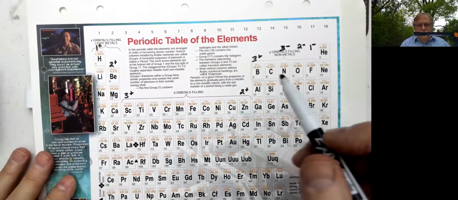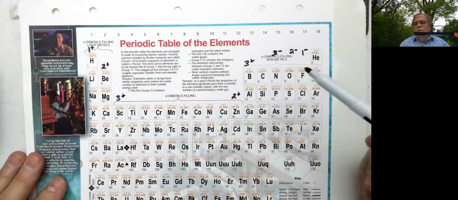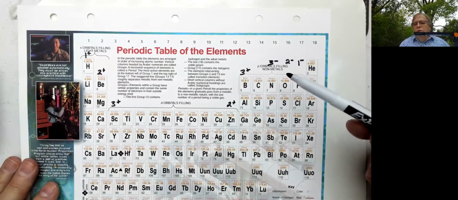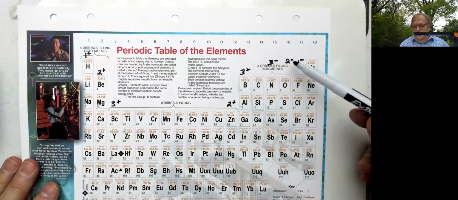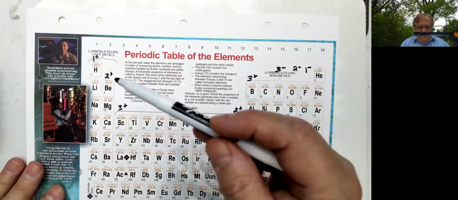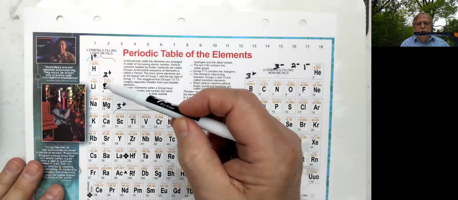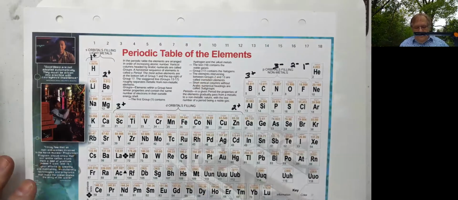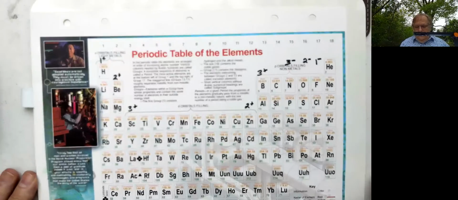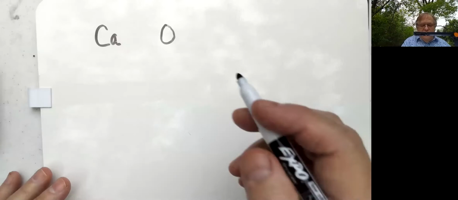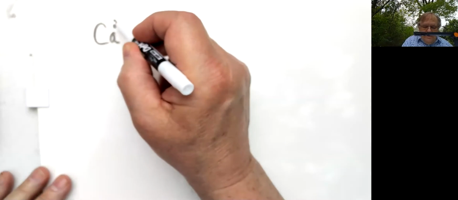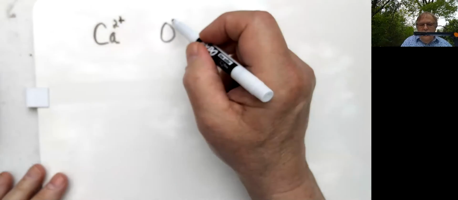If you look at where they are, you see what these charges are for now. Look where oxygen is. It has a -2 above the column there. And then here's calcium. It's got a +2 above the column. So now all we have to do, now that we know electrons are transferring, is put a +2 here and a -2 here.